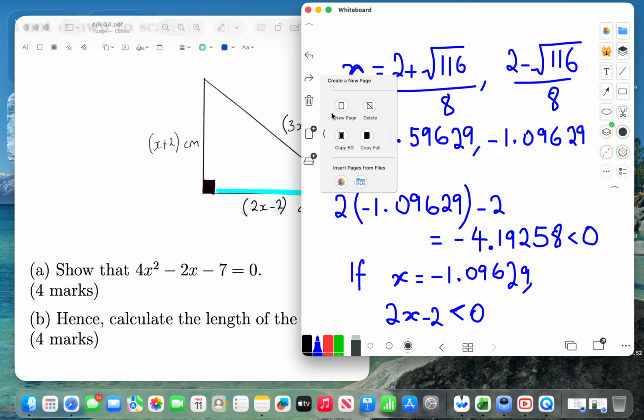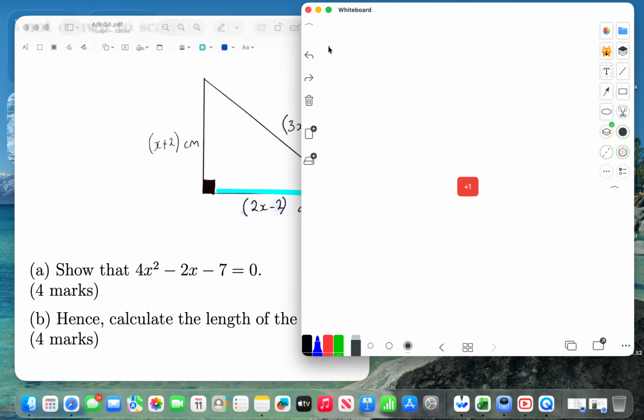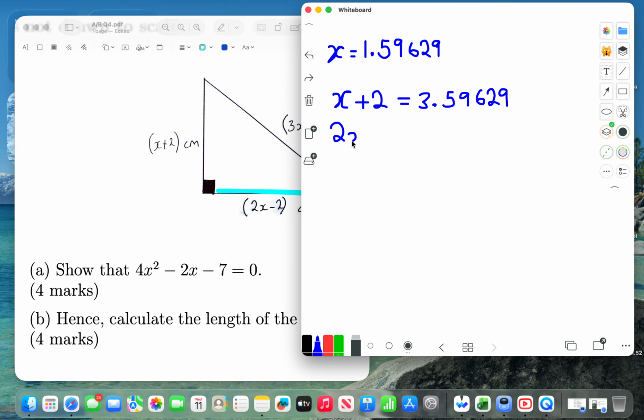Now let's check the other one. Is x is 1.59629. So x plus 2 gives us 3.59629. 2x minus 2.